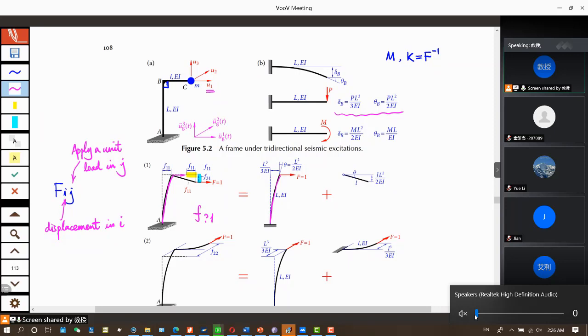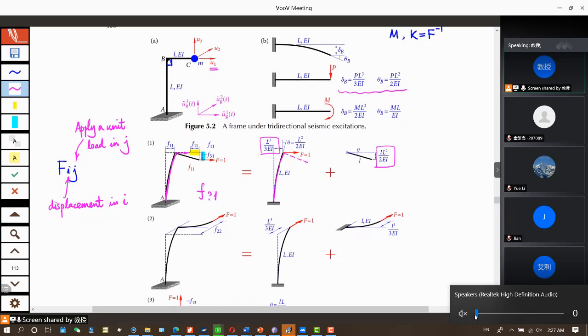Now similarly, if we want F2, we apply a force in direction 2, the direction that is perpendicular to the paper or the screen. In this case, we only have deformation in direction 2 and nothing in directions 1 and 3. This is the same as we apply a force here and pull this.